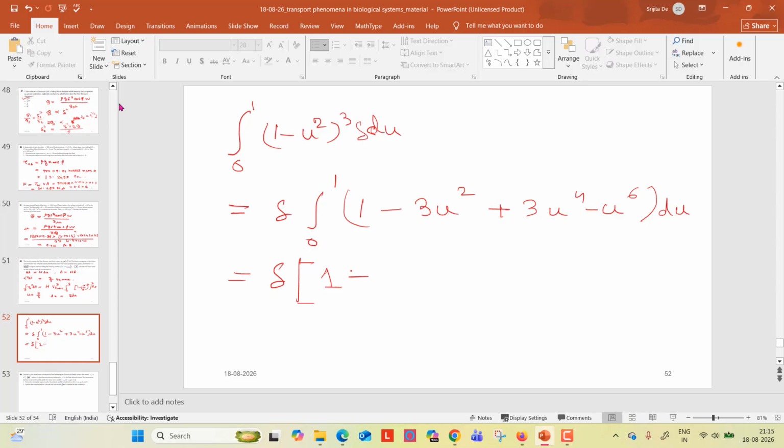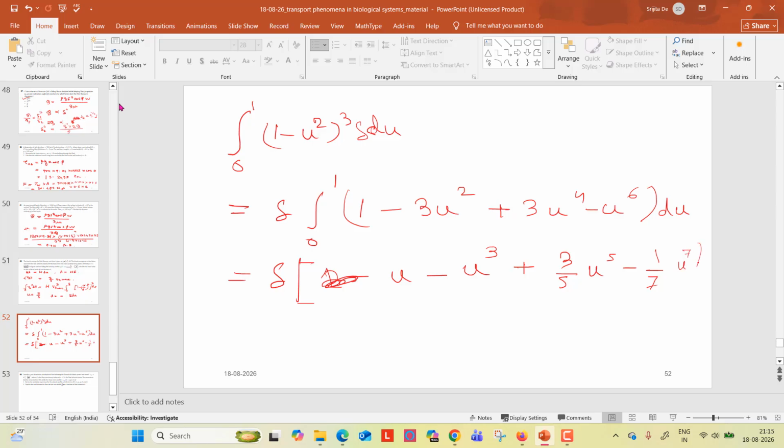Or do I need to write it for you? If I just write it, it is u minus 3 by 3 u cube, so it is u minus u cube plus 3 by 5 u to the power 5 minus 1 by 7 u to the power 7, from 0 to 1.